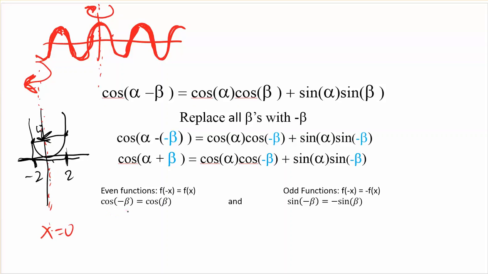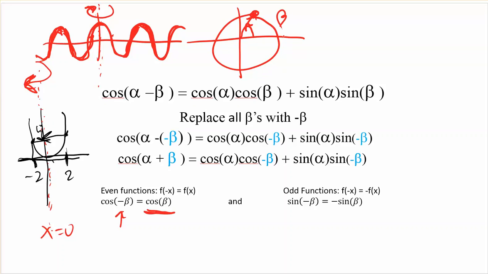And so what we know is if you plug in a negative beta, out will come the same value as the cosine beta. Another way to visualize this is on the unit circle. So if we say that this angle right here is beta, then the x-coordinate is the same as the x-coordinate for this angle down here, measured as negative beta.